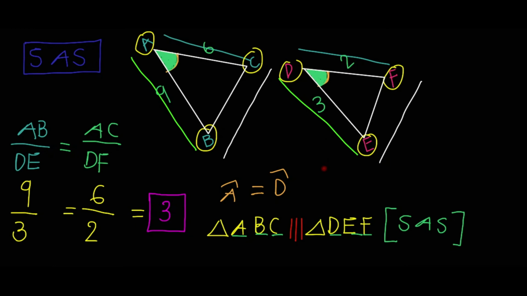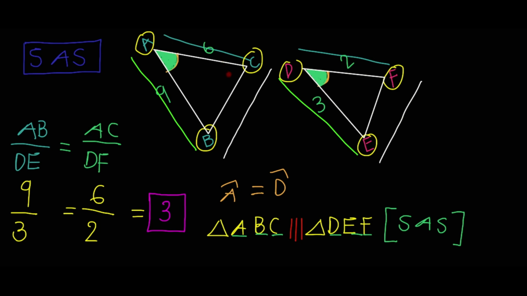And then just for clarity, maybe you might be wondering what if you want the ratio DE over AB of the corresponding sides. So it's not a must to start with the first triangle. You can start with the second triangle, saying DE over AB, and then DF over AC.